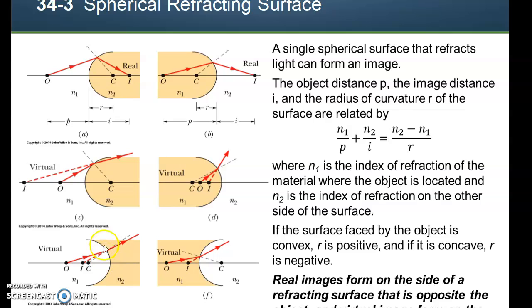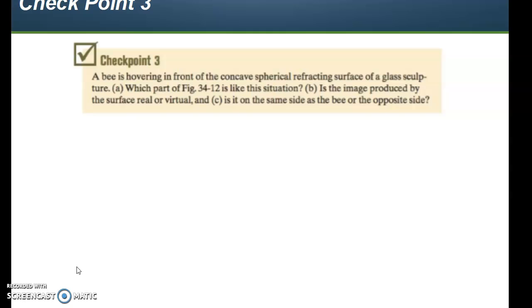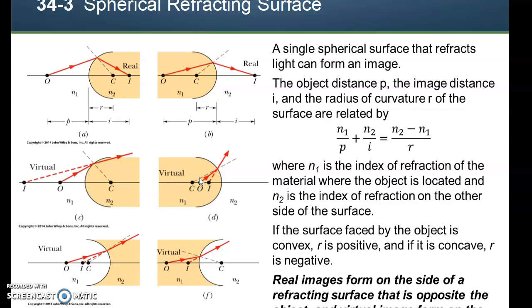Here you have your object and your image, and all of that is going to be on this side. So the image is going to be over here, so it's going to be virtual. And then what was the third part of that? Is it on the same side as the bee or the opposite side? Well, as we saw in this diagram right here, it's on the same side. The reason the image is virtual and on the same side are essentially the same thing. It has to be virtual if it's on the same side, okay?